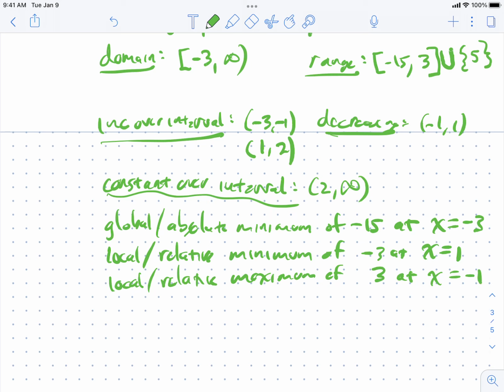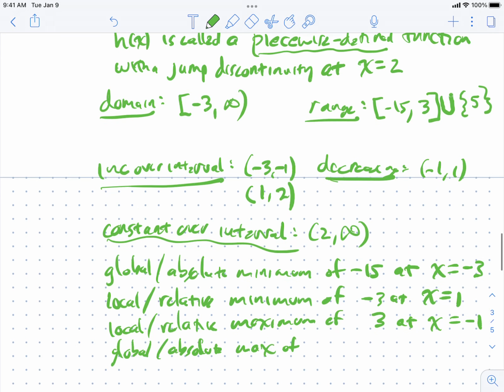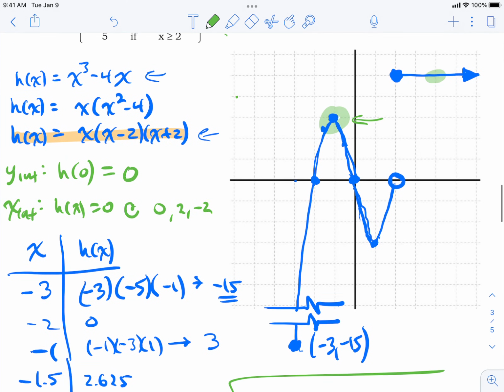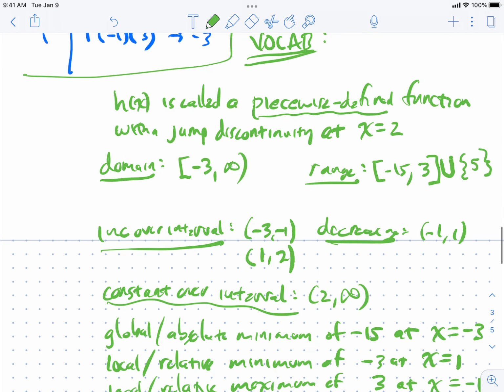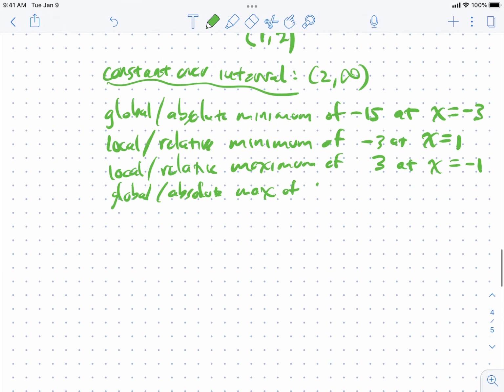Okay, and then we can talk about a global maximum, of course. The highest this function ever goes is 5. So I want to say the maximum output is 5.